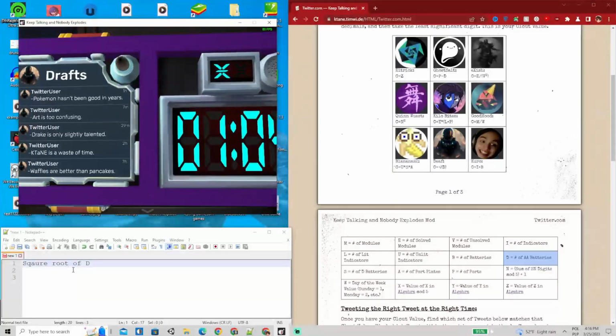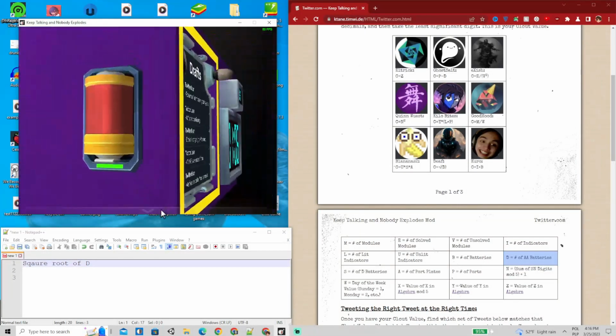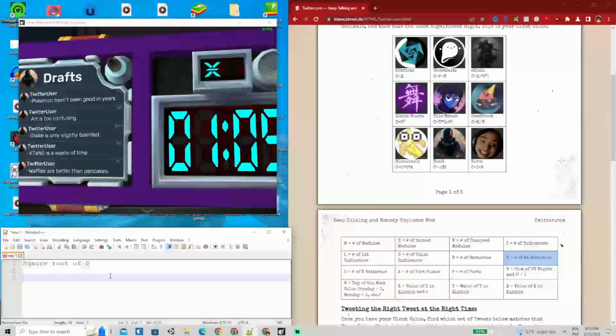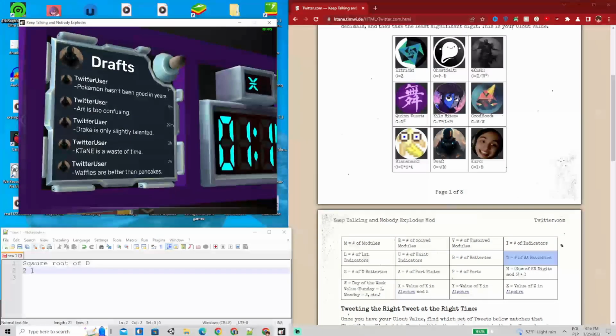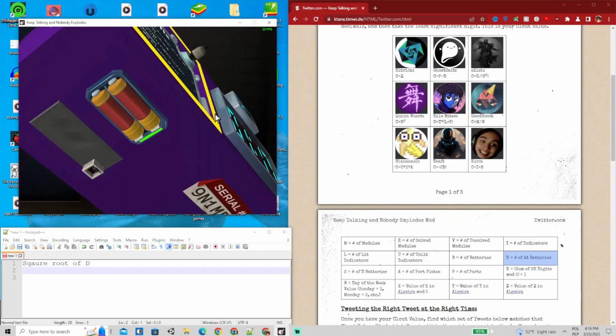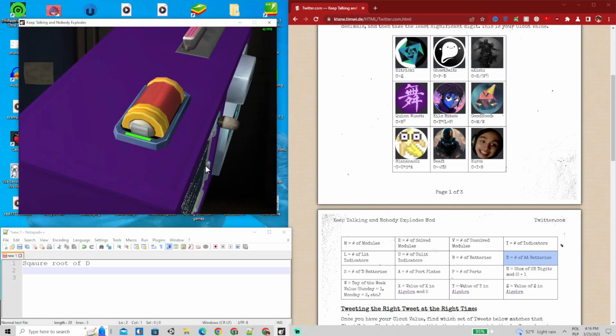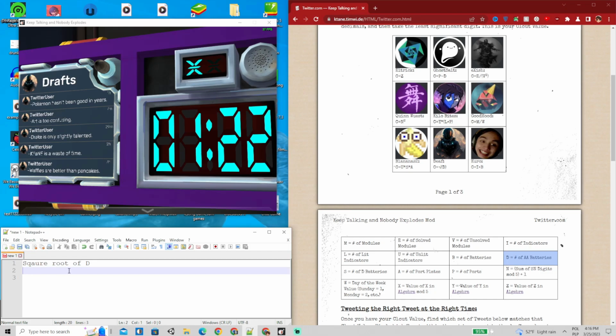So the square root of D would be 4, would be 2. Oh wait, no, AA batteries, sorry, my apologies. The square root of 2 would be 1.41. However, we only want the number before the decimal, so we remove the numbers after the decimal, and we get 1.